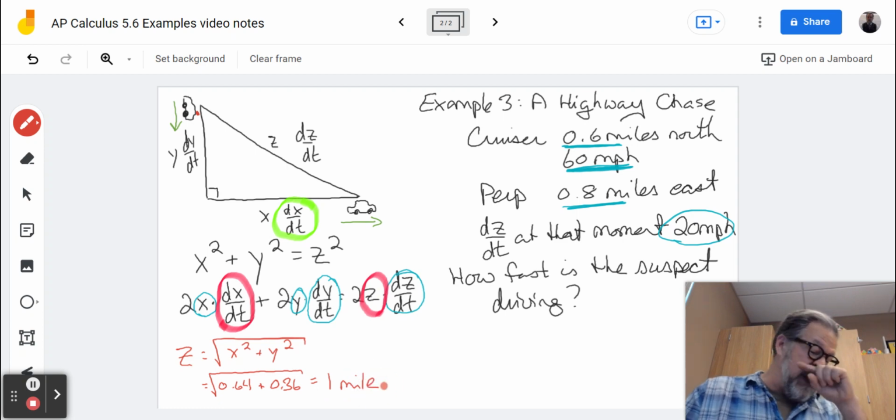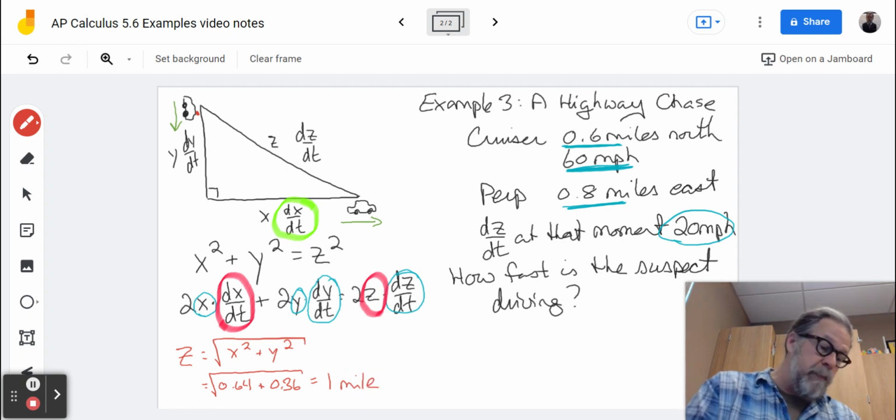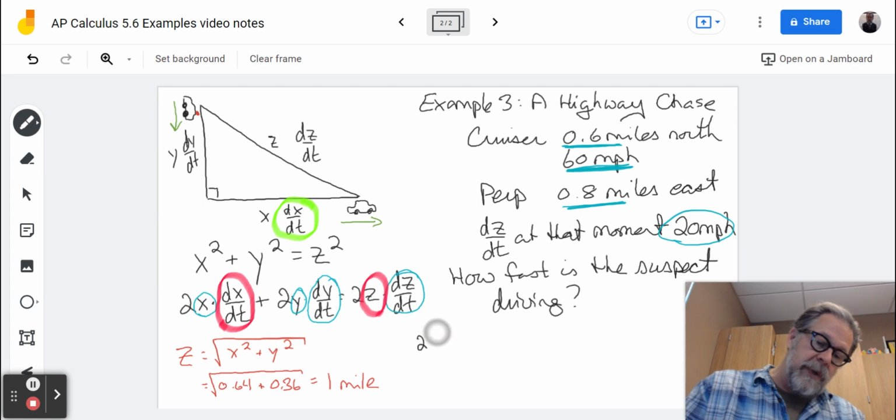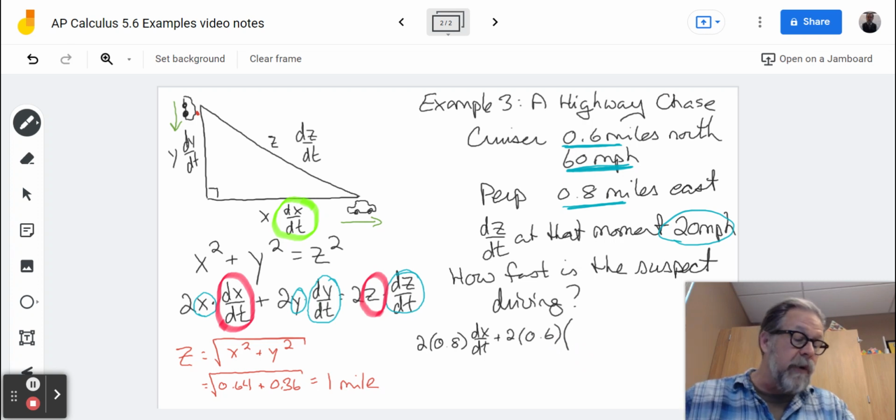We now know everything except for the speed of the suspect's car. So let's plug things in. 2 times x times dx/dt, his speed, plus 2 times 0.6 times dy/dt. Now we need to be a little bit careful.